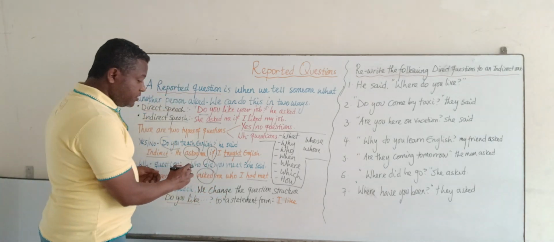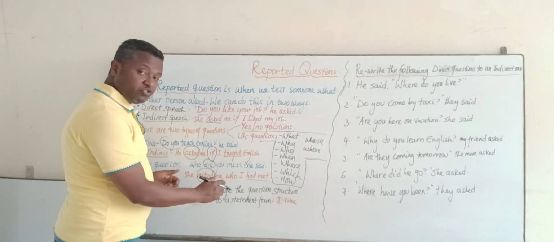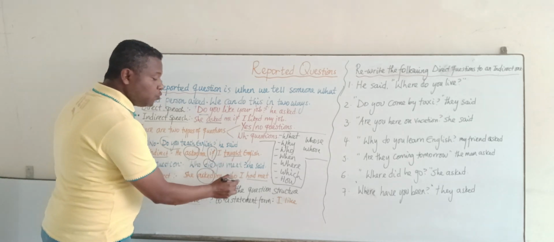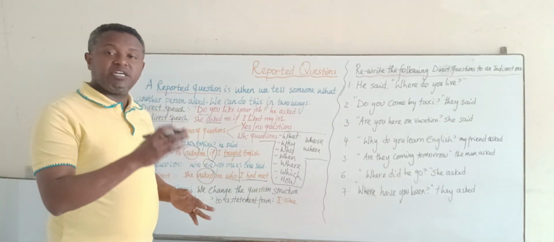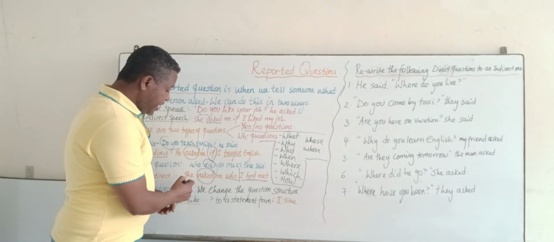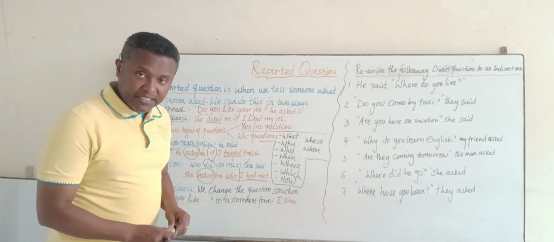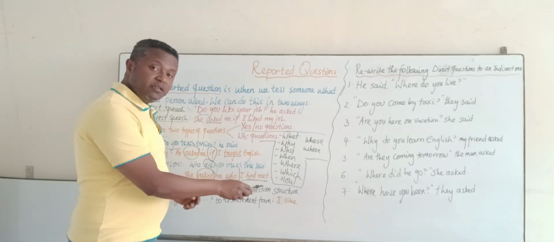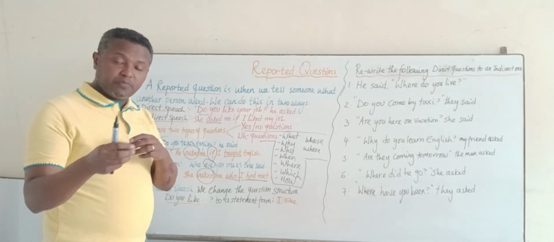So this is basically how we do that, okay? Here, who did you meet? In the question, did you meet, etc. But when we report it after the WH word, we put the statement in a correct sentence format, subject plus verb. So he or she asked me who I had met. I had met is a normal English sentence structure, subject plus verb.